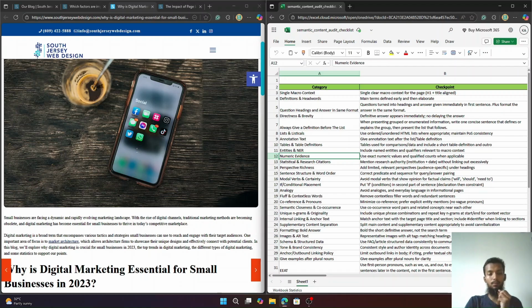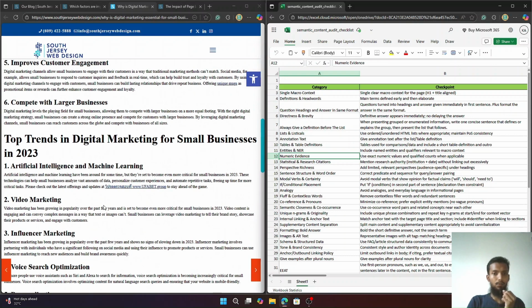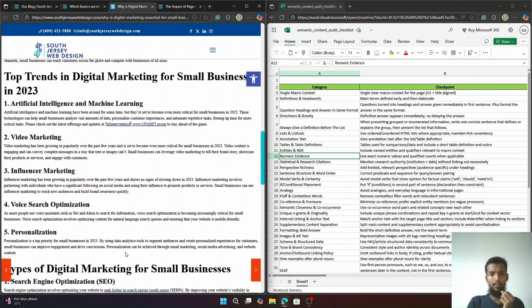So if you put a lot of evidence or numeric values in your article, then your article would be valuable to the algorithm at the first glance. So they can definitely improve. In this case, they can add more NER and numeric values to this article, like real data.